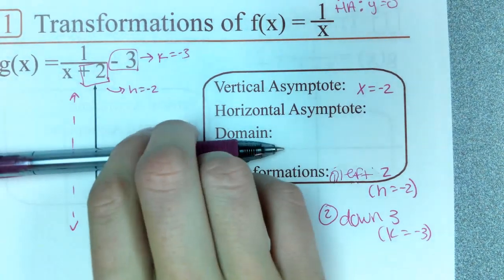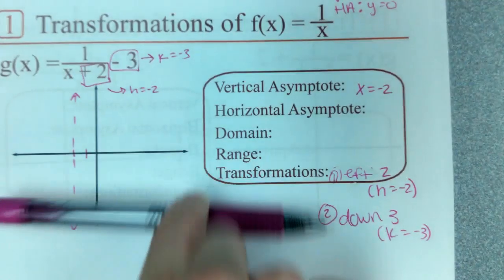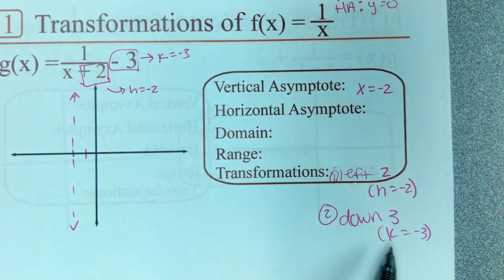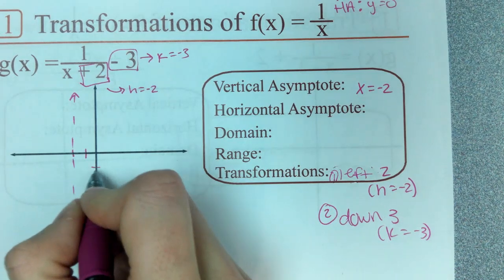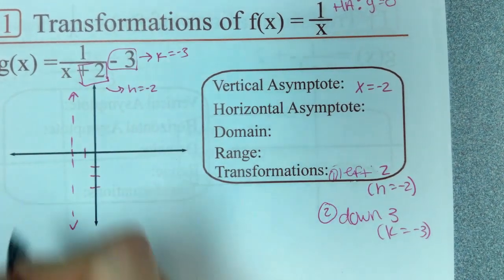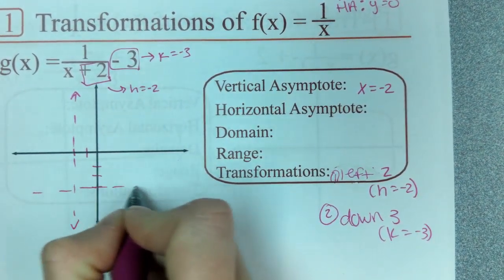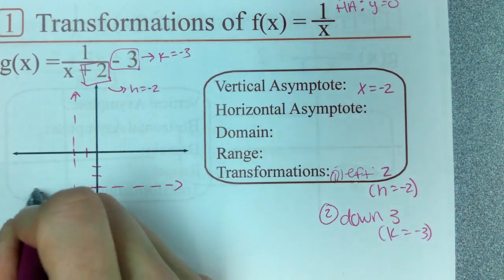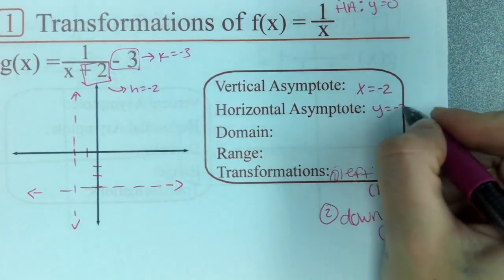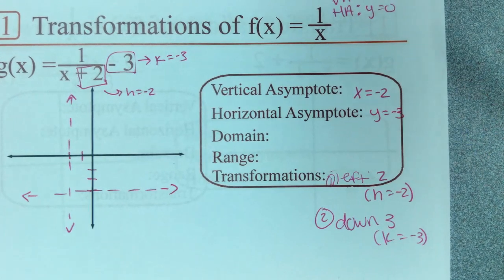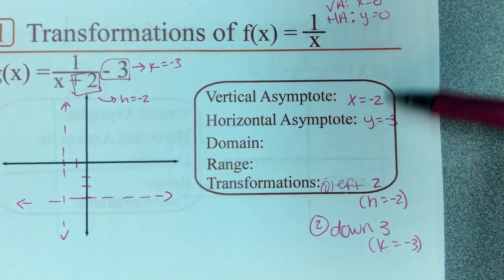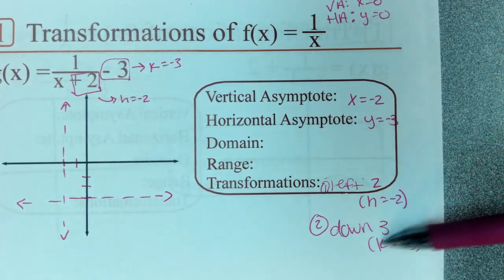Horizontal asymptote is going to be this one, so when we shift up or down, that is what will move. So now we're going to go down 3, so 1, 2, 3. And I'm going to draw my horizontal asymptote there, which is at y equals negative 3. So you should start to see a relationship between the horizontal and vertical asymptotes and the shifts left, right, up, down.